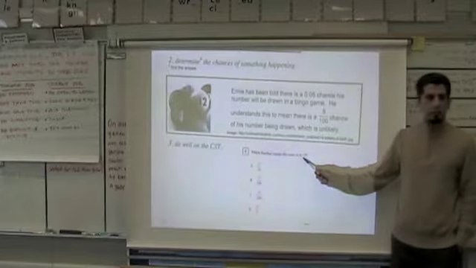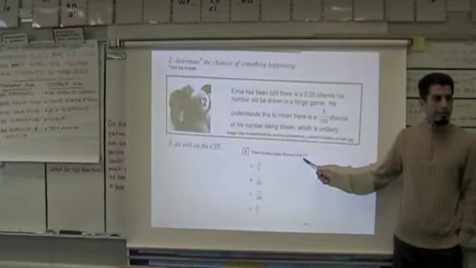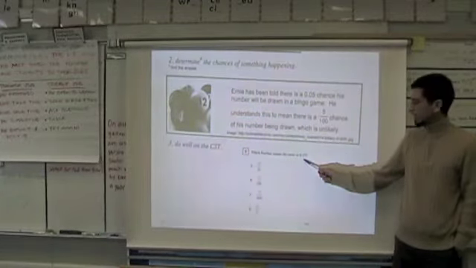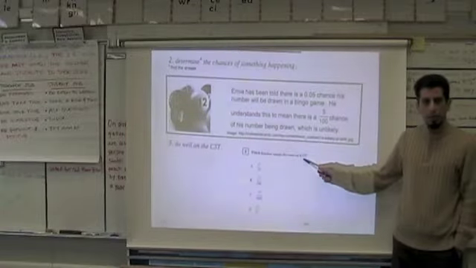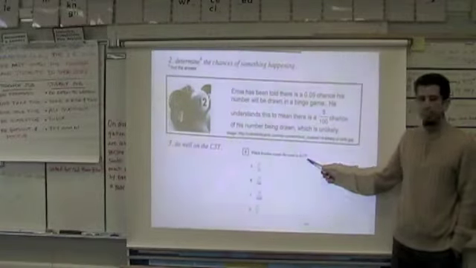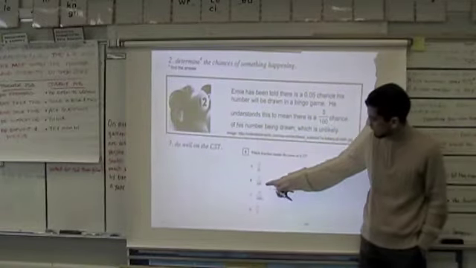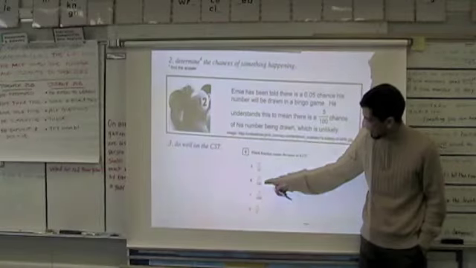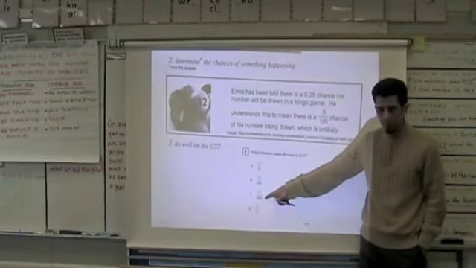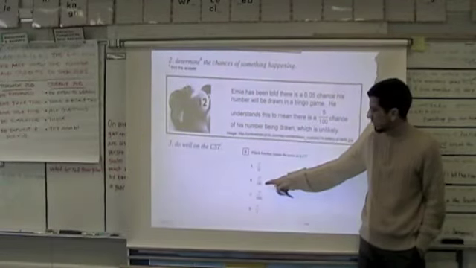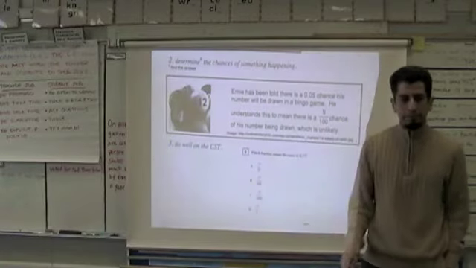The 1 is in what place value? The tenths. The 7 is in what place value? The hundredths. So we need to make sure that our denominator has 100 on it. Is that 100? No, that's 1,000. So our hundredths place is B.